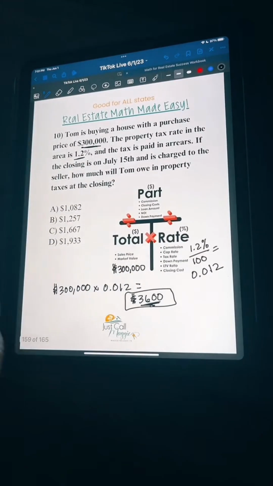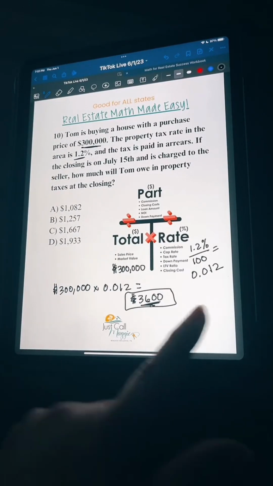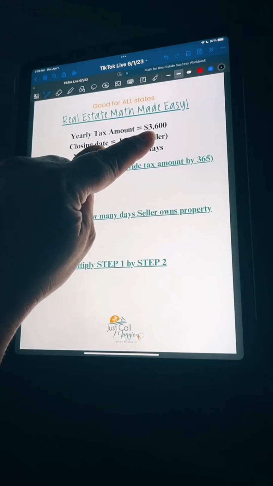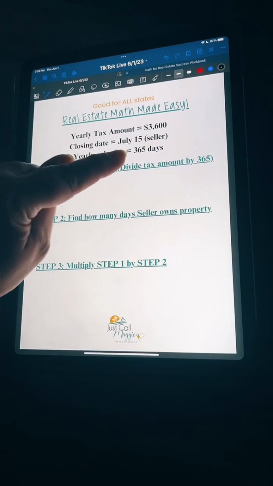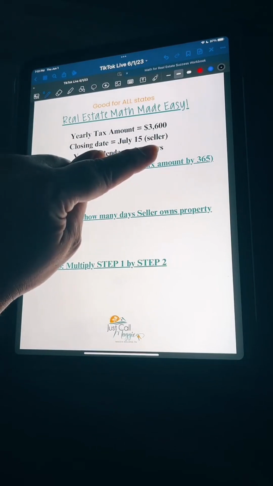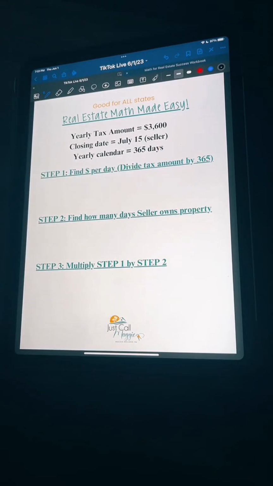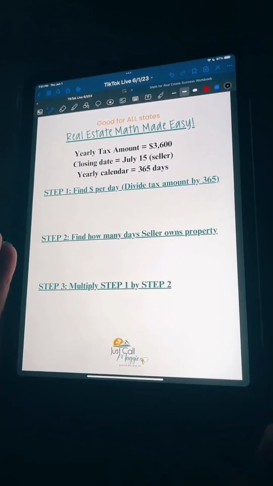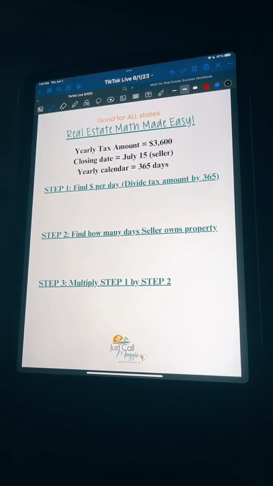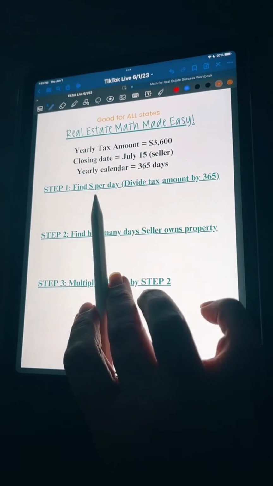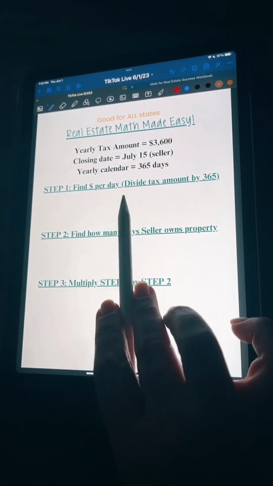So I'm going to change the screen now because I'm going to work this problem out on another page so it's not so jumbled. So see here, yearly tax amount is $3,600. The closing date is July 15 and it belongs to the seller, and it's based on 365 calendar days, because it didn't say, so we're going to assume that. So the first step is to find how much it is per day.